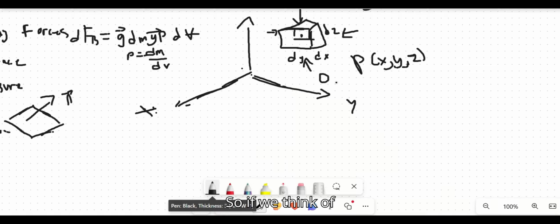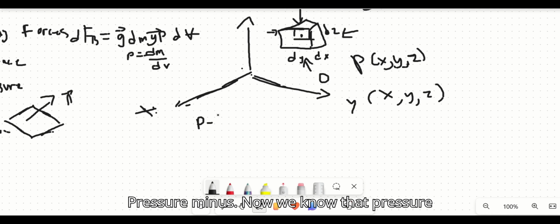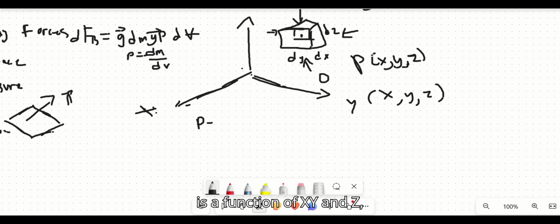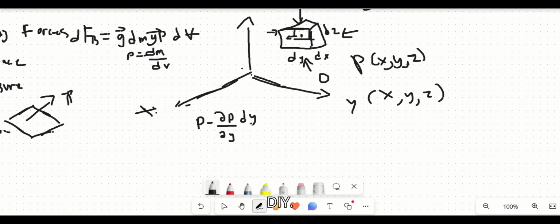If we think of O, whose coordinates are x, y, z, and we move in the y direction, if we move back, remember it's dy, we'll have our pressure minus, now we know that pressure is a function of x, y, and z, so we'll be using partial derivatives, minus dp over dy, and because we're moving back halfway, since we start centered, we're going to have dy over 2.